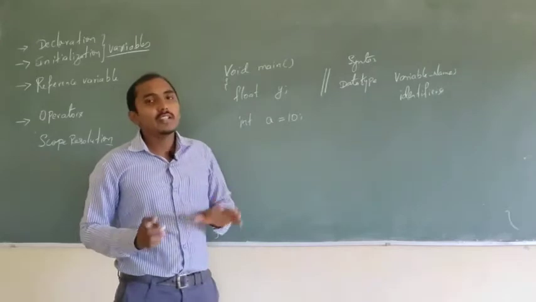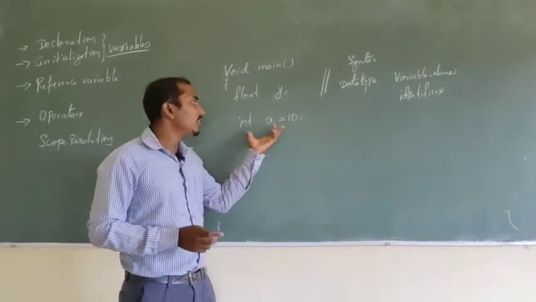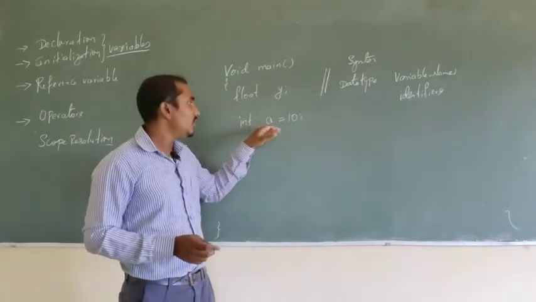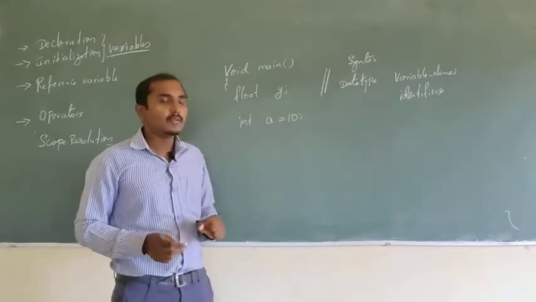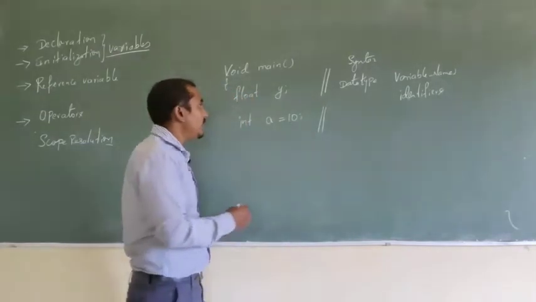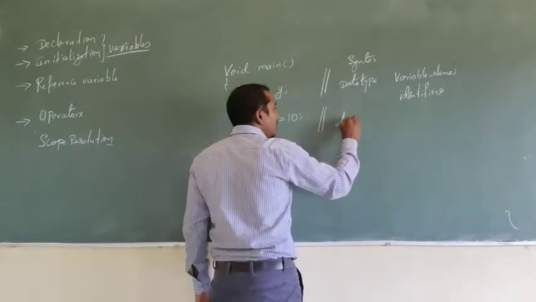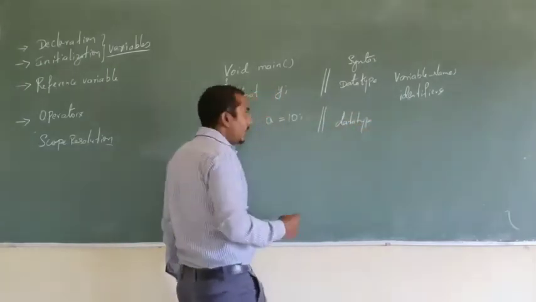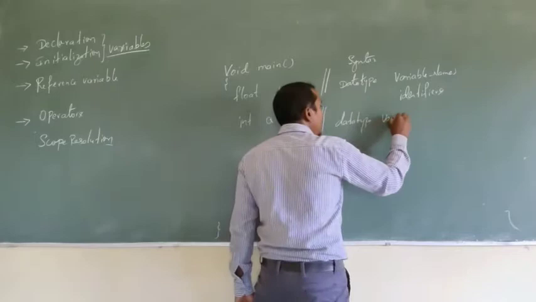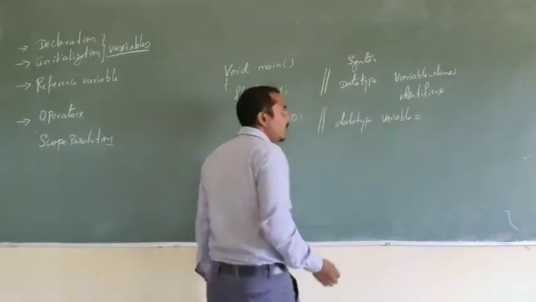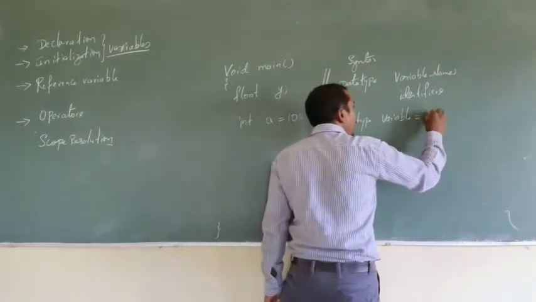If I don't want that and my data has to have some initial value, then I will write something like this: integer a equal to 10. So what is the syntax here? The syntax is the same: first the data type, followed by the variable, then we use the assignment operator, followed by the value.